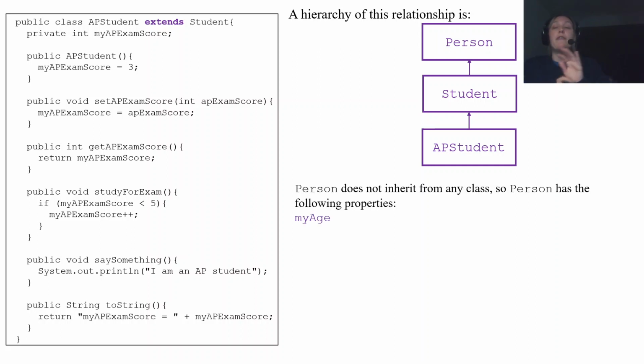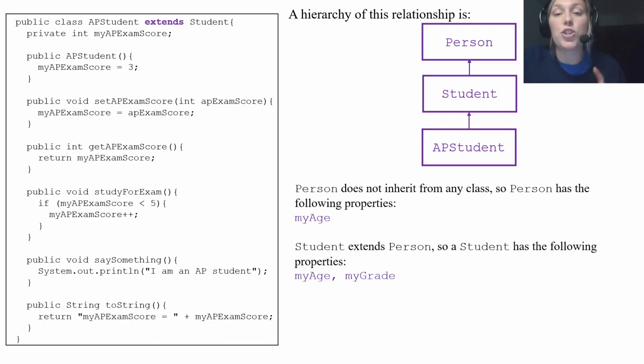Person does not inherit from anything. So a person only has the properties that they have defined in their class, which is myAge. Student extends person. So a student is going to have all of person's instance variables, which in this case is just myAge, plus student adds their own.